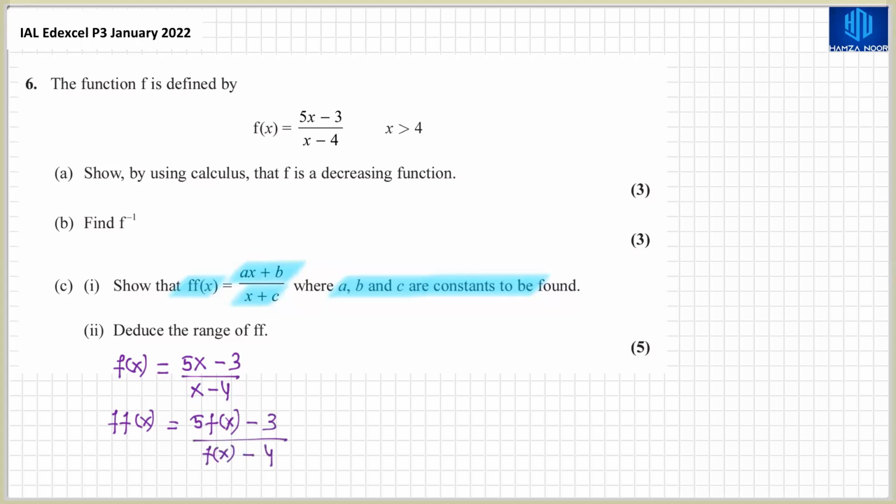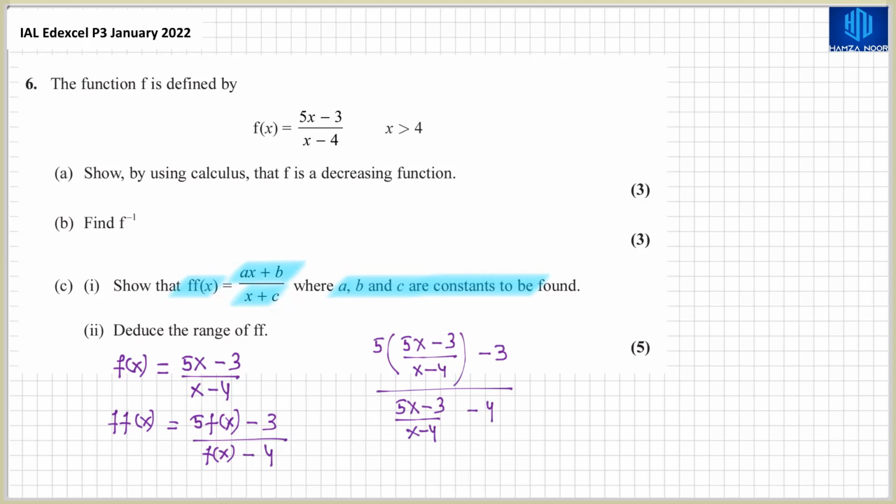Now in place of f x, I'm going to substitute the complete function: 5 times 5x minus 3 divided by x minus 4, and then minus 3, all divided by 5x minus 3 over x minus 4, and then minus 4. So far we have obtained this.